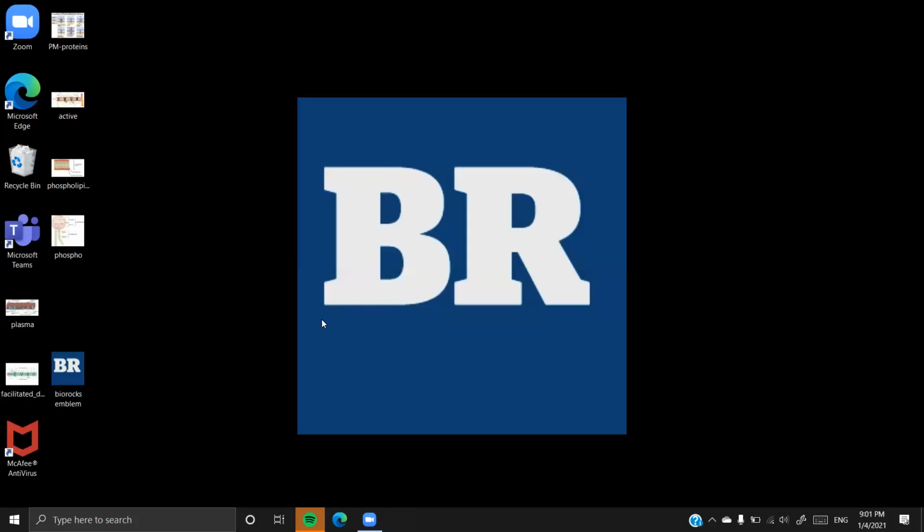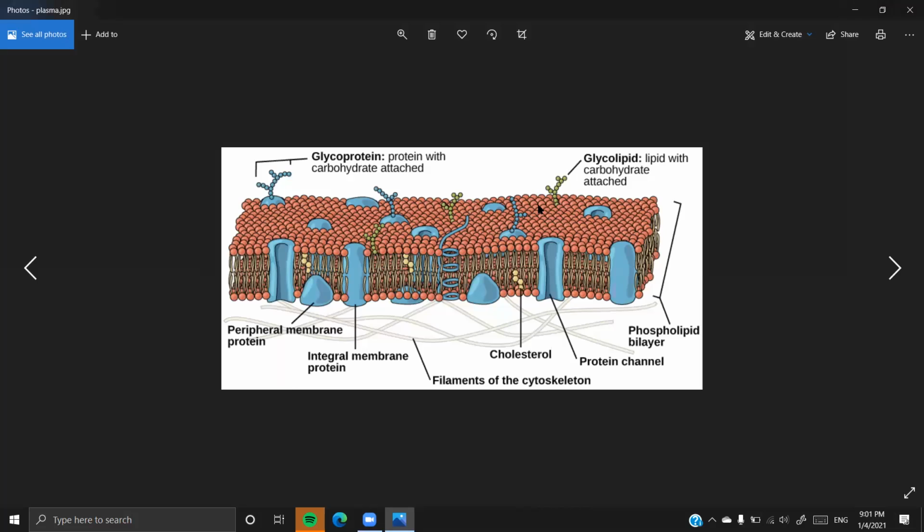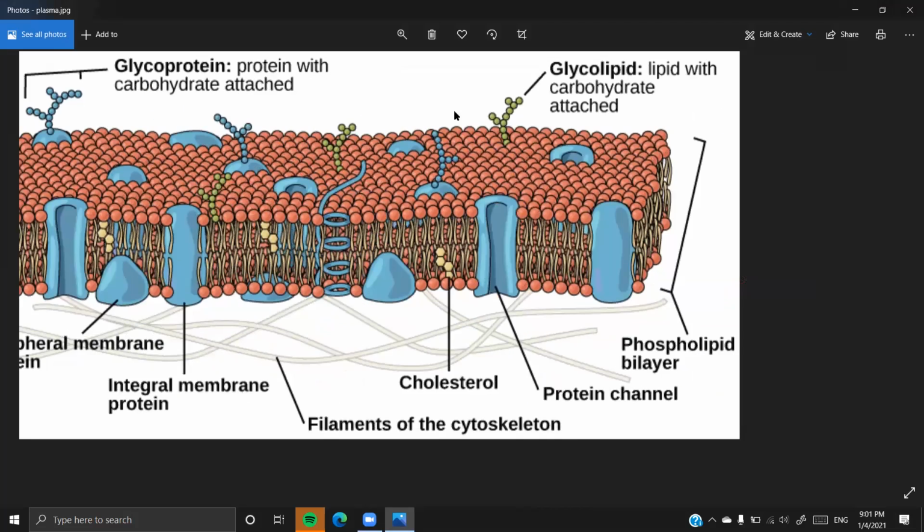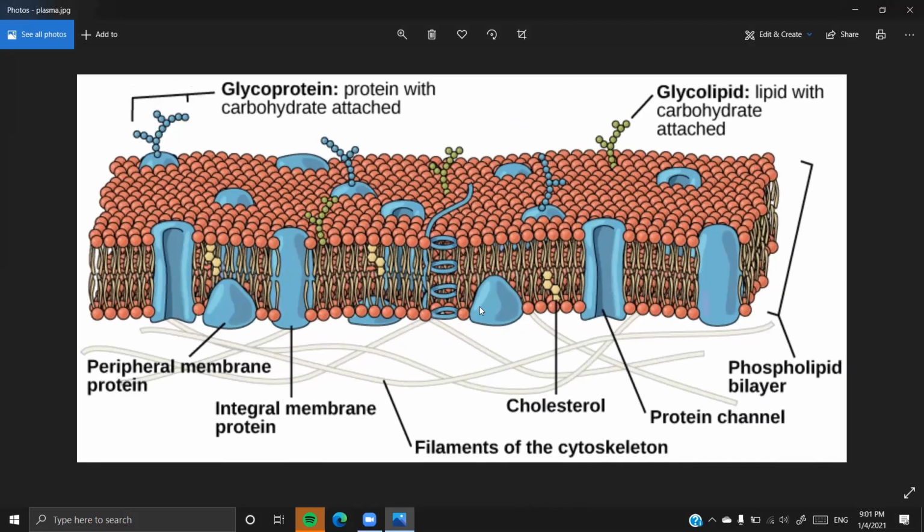Okay, so now children, what I will try to show you is all the other embedded things in between this bilipid layer, as I told you, because it's a mosaic model having the glycolipids, the glycoproteins, and possessing the peripheral proteins, okay, having these transport proteins, the ion channels, okay, and in between we have these cholesterol molecules.